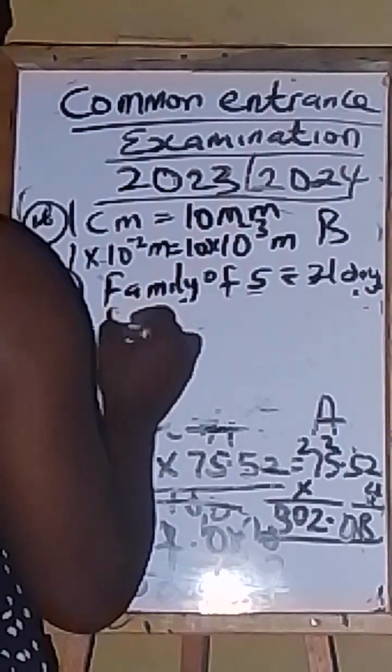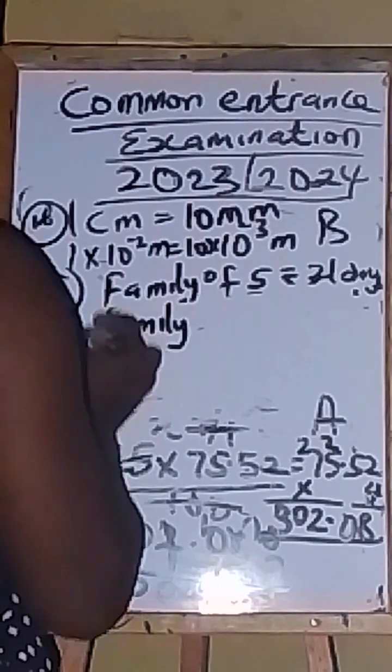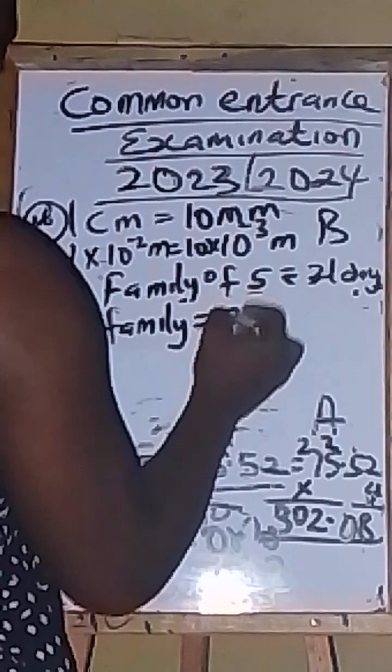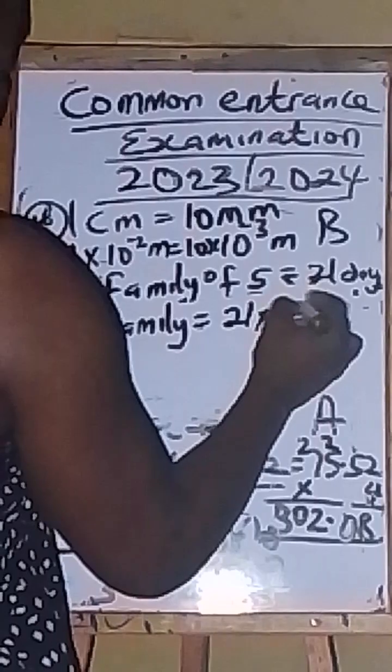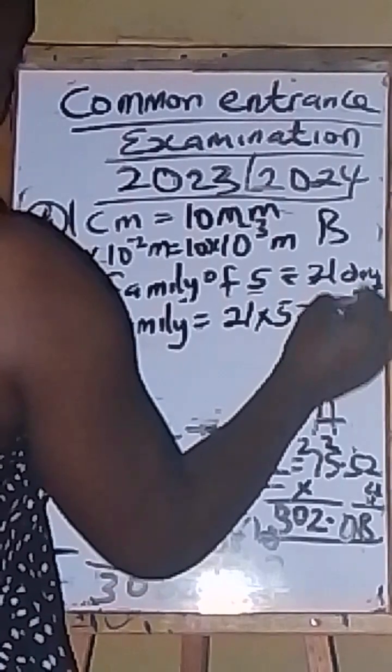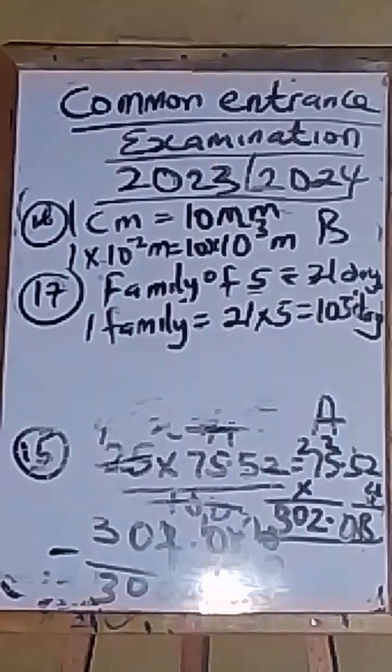If it's now a family of 1, one family will eat it 21 times 5, the same quantity, 105 days. So how long will it now last a family of 7?